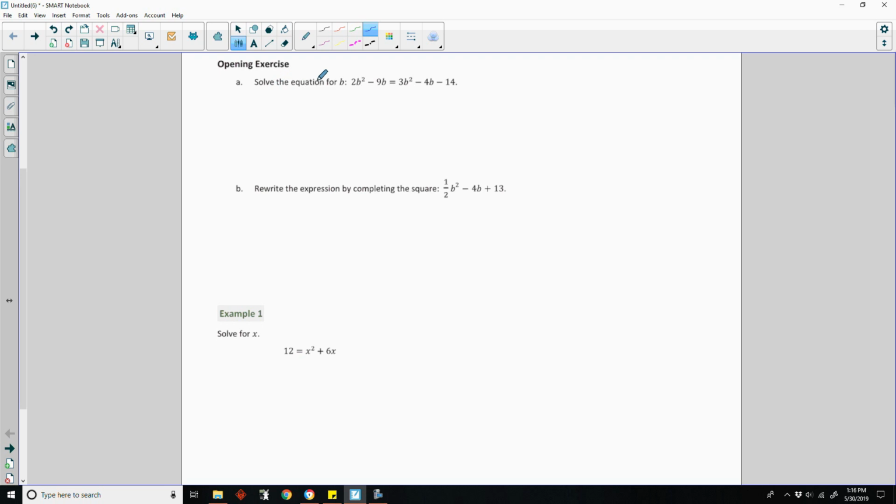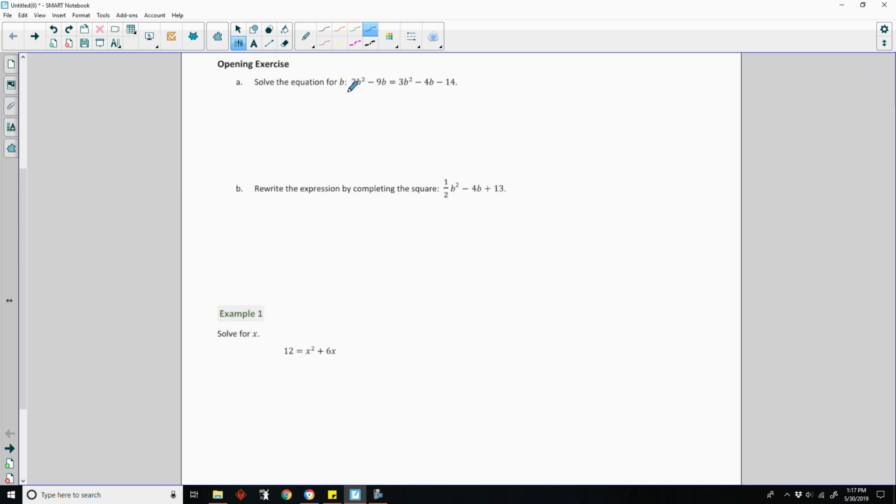So part a says solve the equation for b. So we have 2b squared plus 9b equals 3b squared minus 4b minus 14. Okay, so when I solve these, I do not want my leading coefficient negative. So if I subtracted 3b squared over to this side, I'd get 2b squared minus 3b squared, which is a negative b squared, and I don't want that.